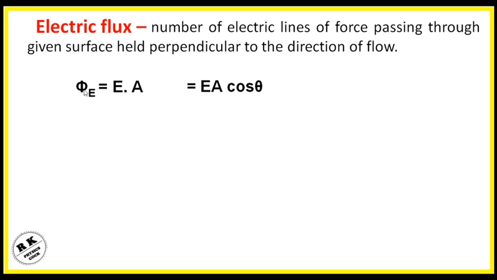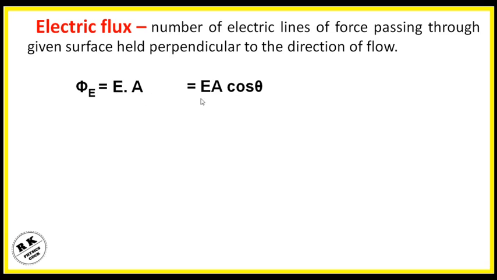Phi denotes just flux. In the case of magnetic flux, we notice that it is phi B. E is the electric field intensity, A is the area of cross section. Electric flux is a scalar quantity, whereas these two, electric field intensity and area of cross section, are vector quantities.